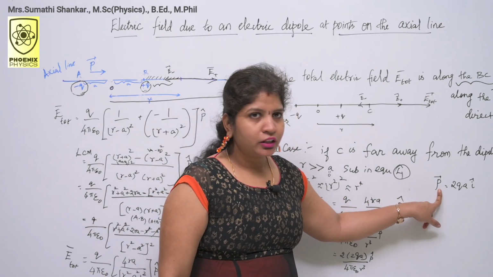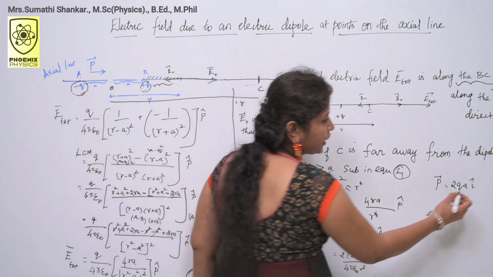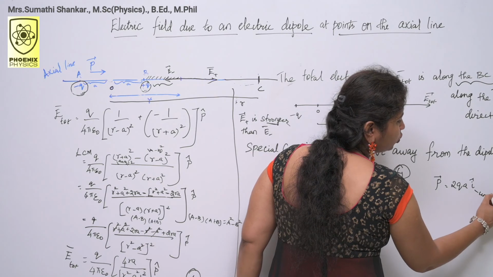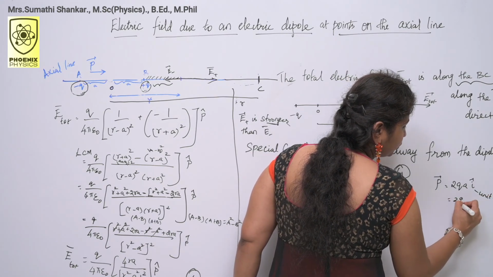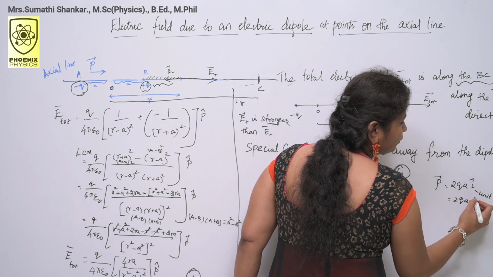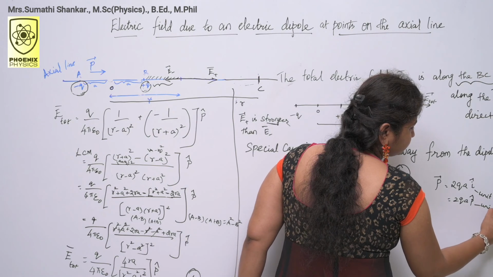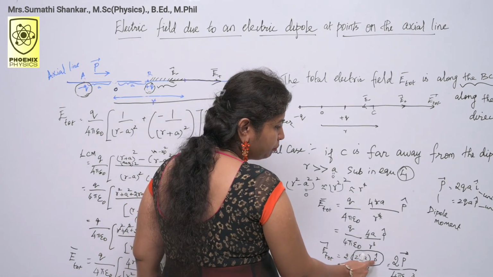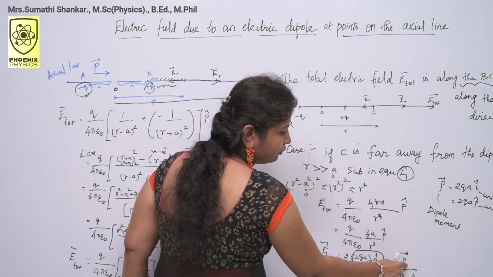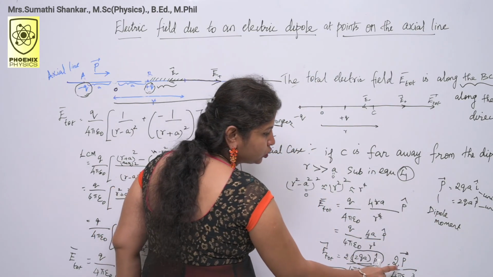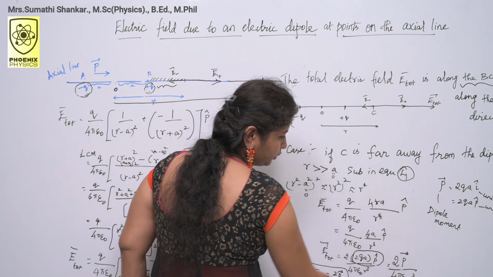So P vector can be written as 2QA I vector. What is this I vector? It is nothing but the unit vector. Same way here I have 2QA. Instead of this I unit vector, I have P cap unit vector. Instead of 2QA P cap, you can substitute the dipole moment vector P vector. So the final answer is 2P vector divided by 4 pi epsilon naught R cube.